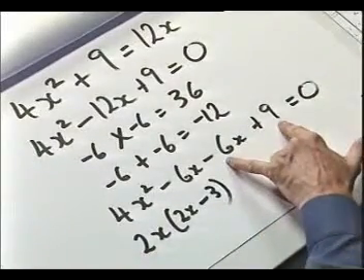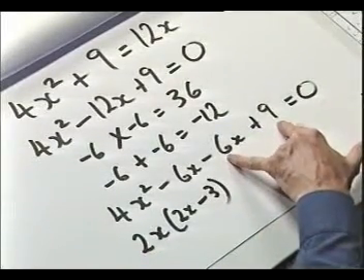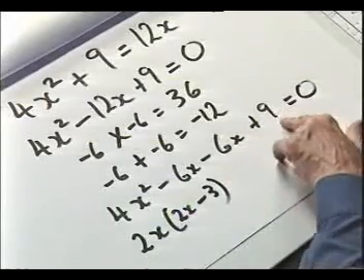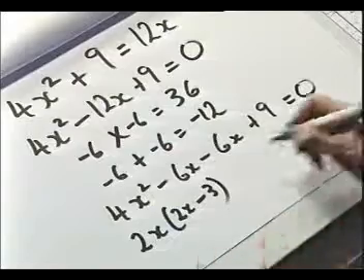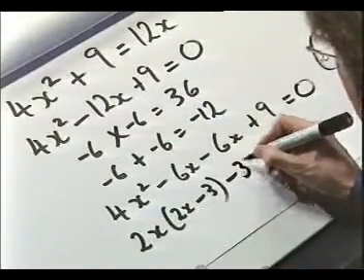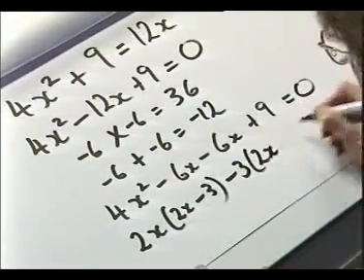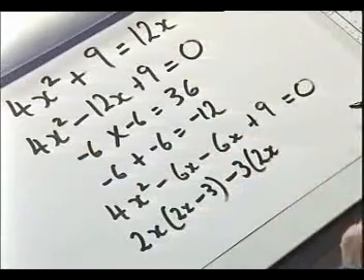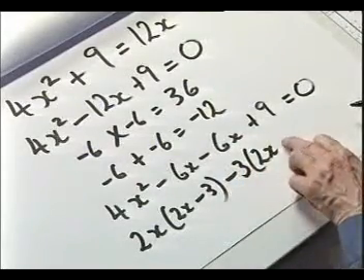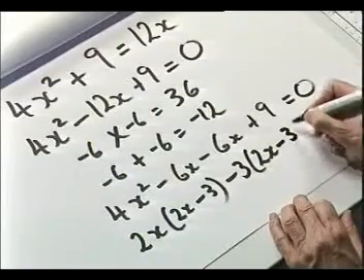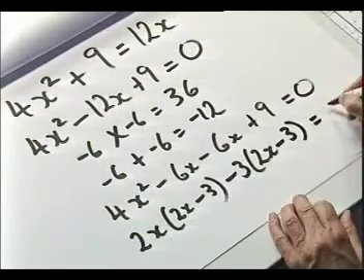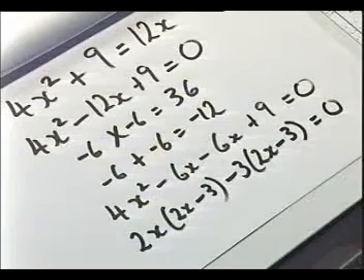And then here again, common factor, 6x and 9. There's a common factor there of 3, but this is a minus sign here. So we want minus 3 times by 2x. That gives us the minus 6x, and minus 3 times by something has to give us plus 9. So that will be minus 3 again, equals 0.